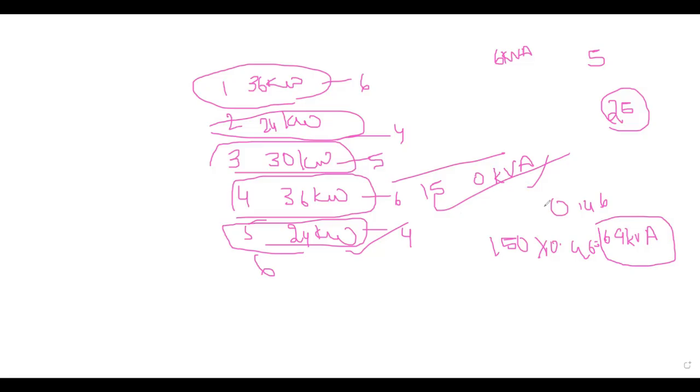Now let's talk about our application. Why are we multiplying by 0.46? That is the diversity factor. It was recommended. How do we calculate the diversity factor? It is the sum of the individual maximum demands divided by the maximum demand.